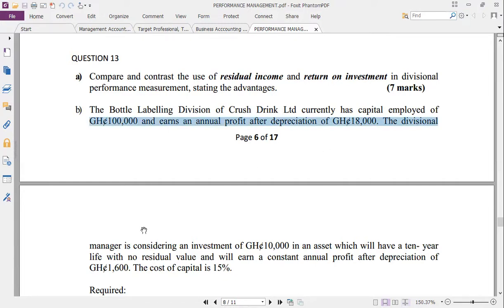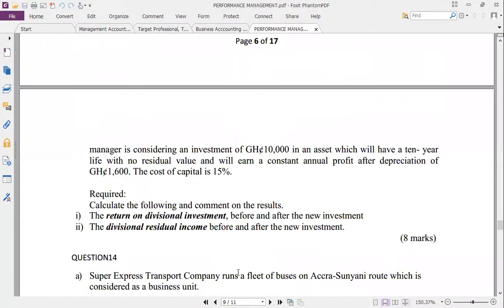The divisional manager is considering an investment of 10,000 in an asset which will have a 10-year life with no residual value and will earn a constant annual profit after depreciation of 1,600. The cost of capital is 15% per annum. Calculate the following and comment on the result.